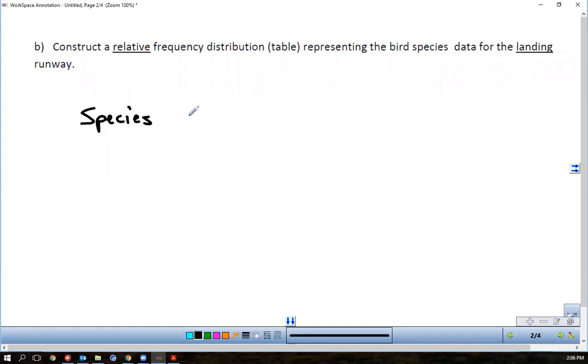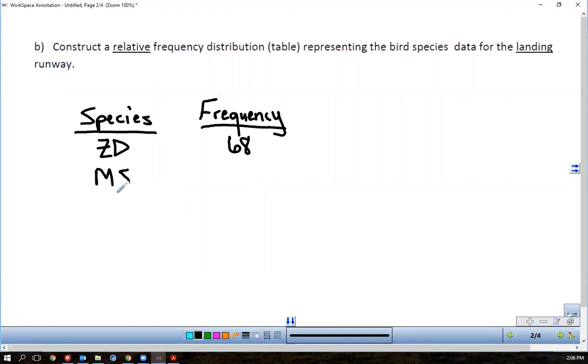And then you don't have to do this, but I would recommend bringing down the frequency column, just the plain frequency column. And again, for sake of time and space, let's abbreviate. Species, zebra dove. On landing, the zebra dove was 68. Mannequin sparrow, they told us that was 82.